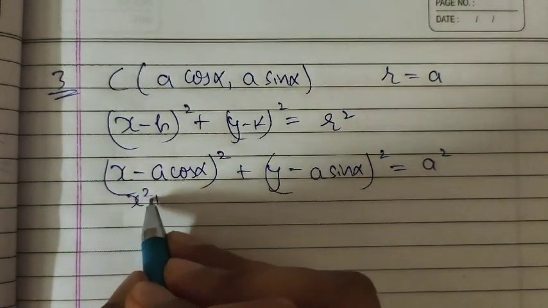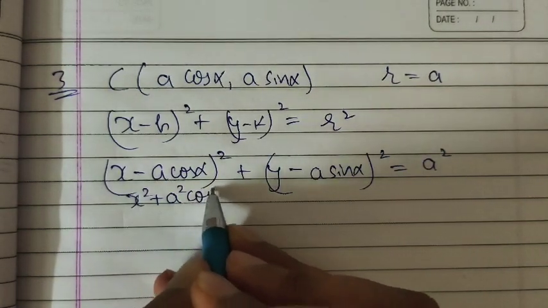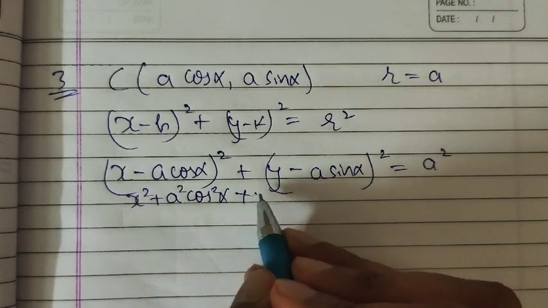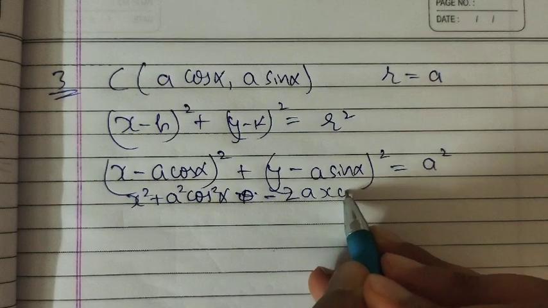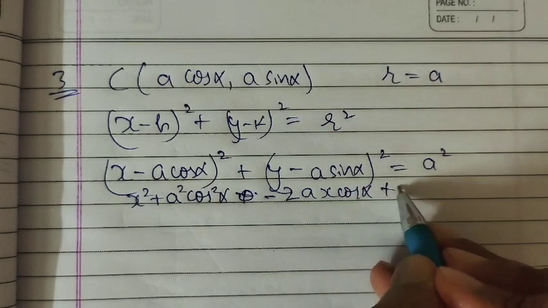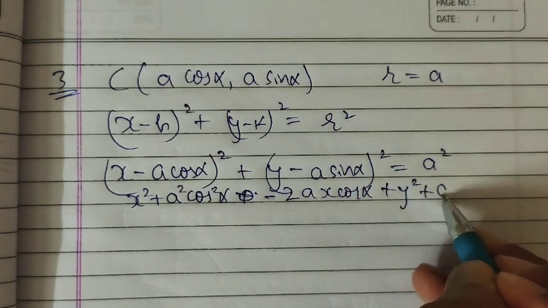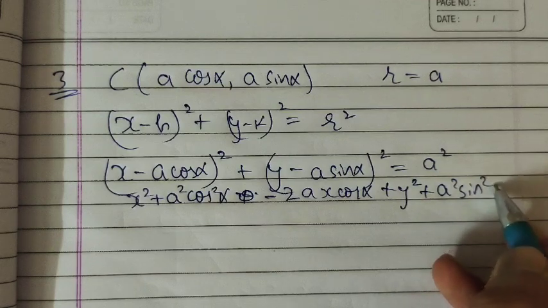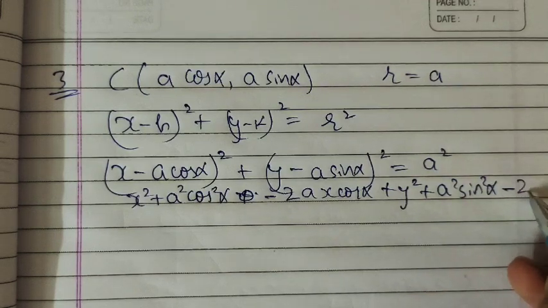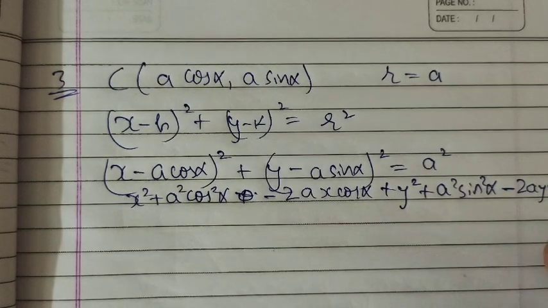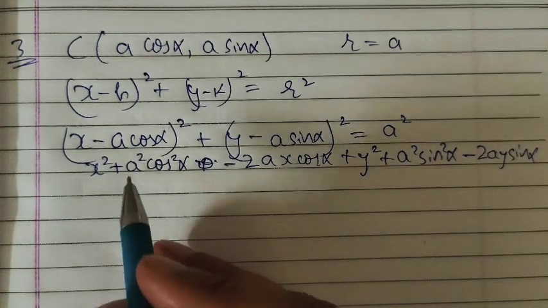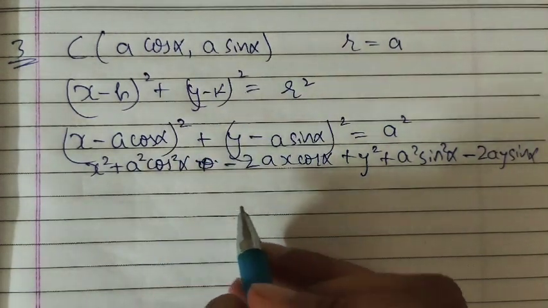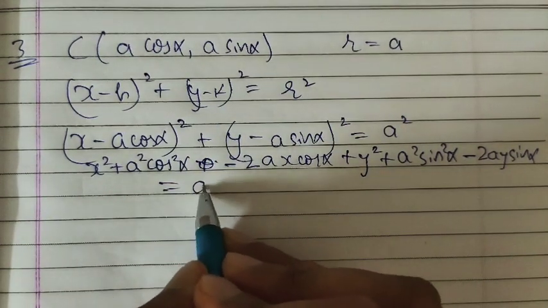So x square plus a square cos square alpha minus 2ax cos alpha plus y square plus a square sin square alpha minus 2ay sin alpha. Simple formula: a minus b whole square is equal to a square plus b square minus 2ab, is equal to a square.